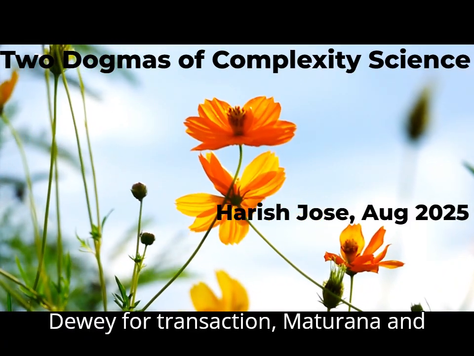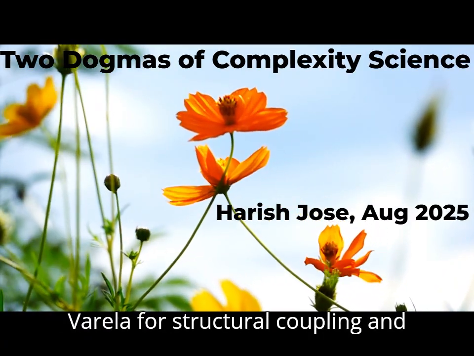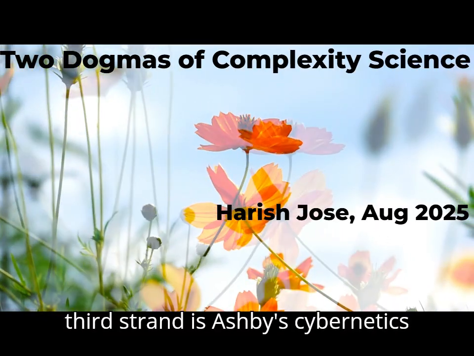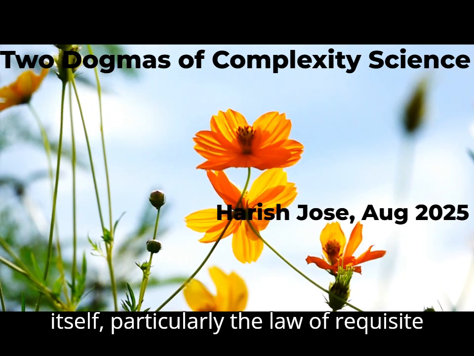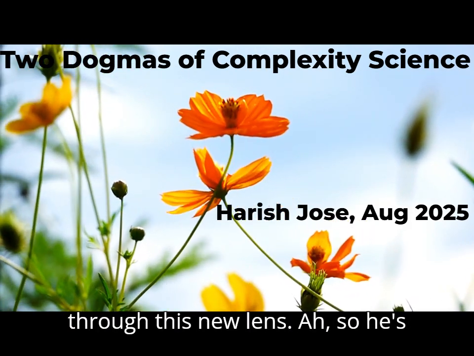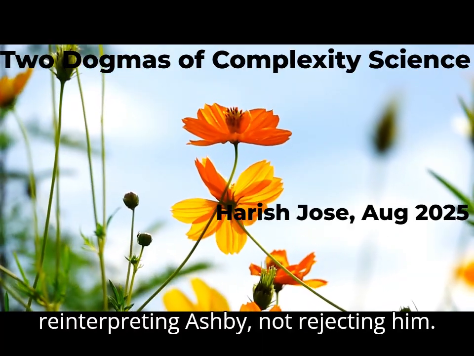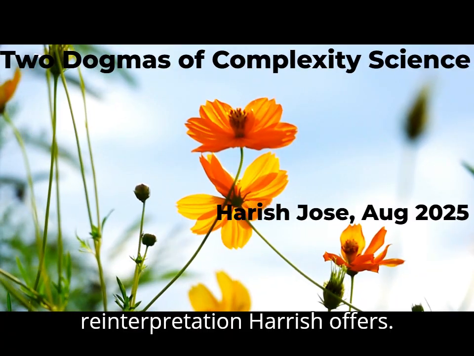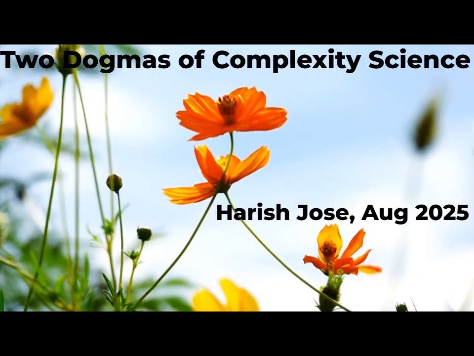Okay, Dewey for transaction, Maturana and Varela for structural coupling and enactment. What's the third strand? The third strand is Ashby's cybernetics itself, particularly the law of requisite variety. But it's cybernetics seen through this new lens. Ah, so he's reinterpreting Ashby, not rejecting him. Exactly. Here's the crucial reinterpretation Harris offers.